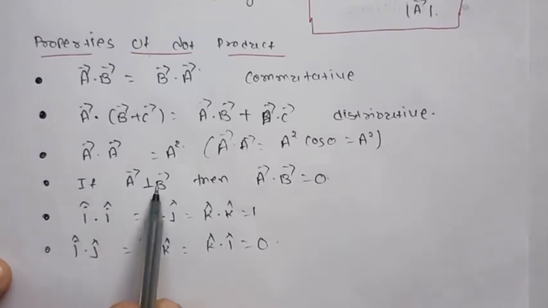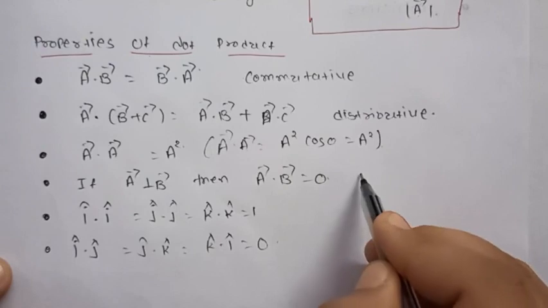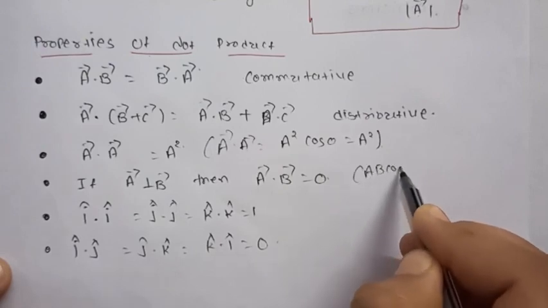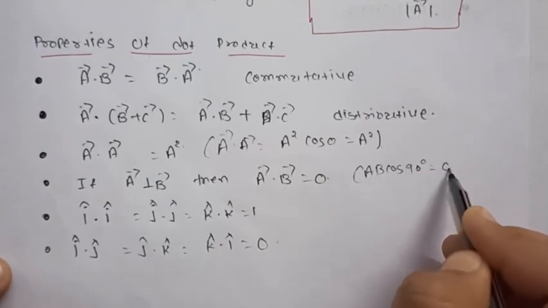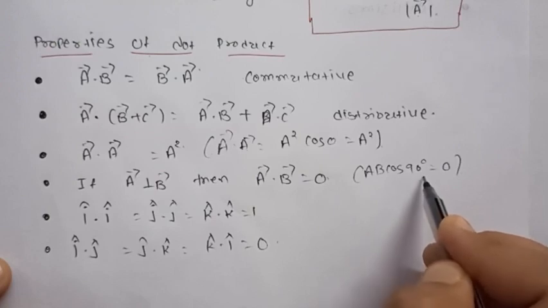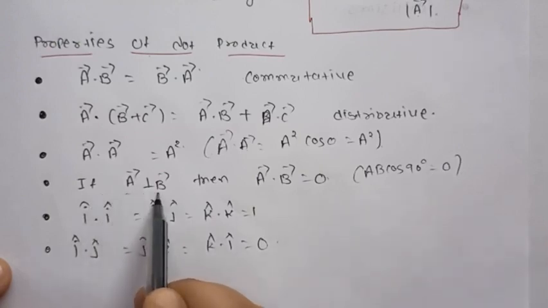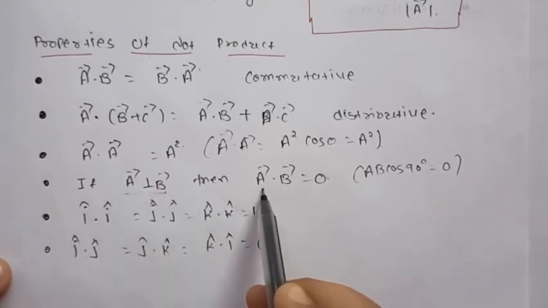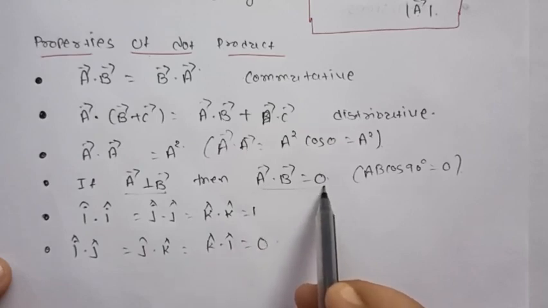Now if A and B are perpendicular, then AB cos 90 degrees will be equal to 0, because cos 90 is 0. So if two vectors are perpendicular, the dot product will be 0.